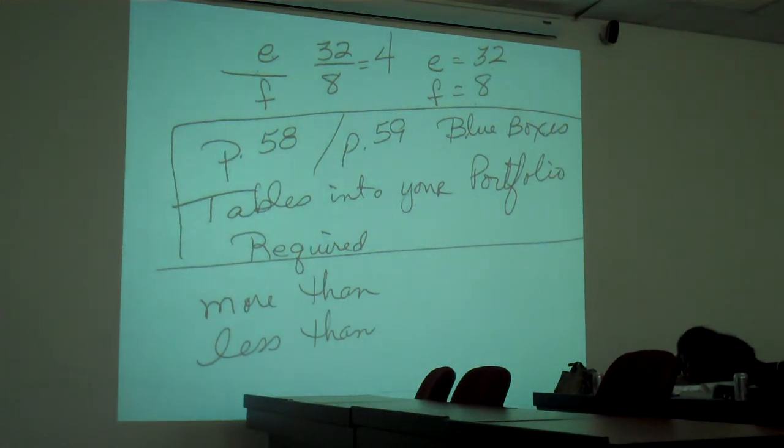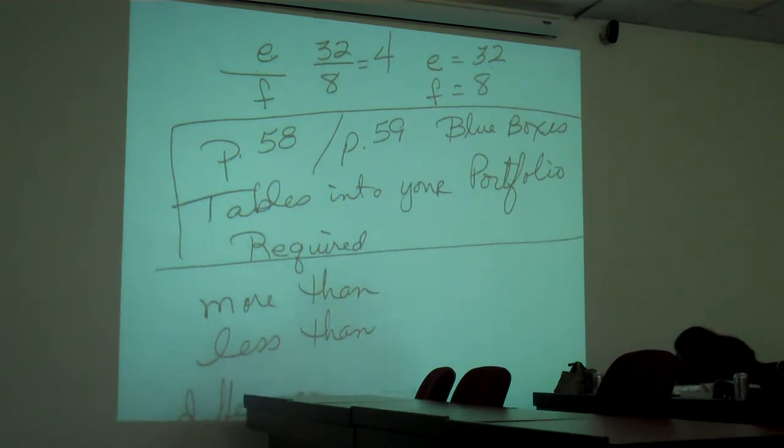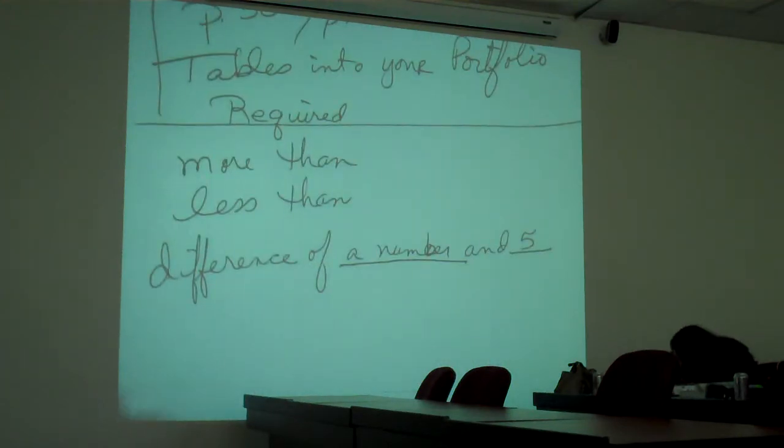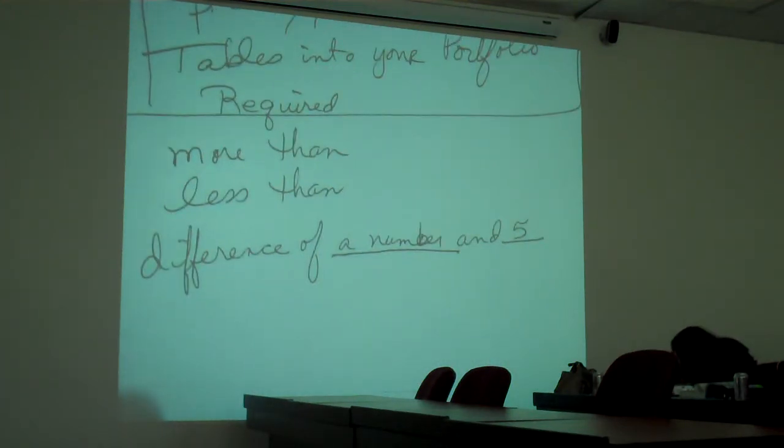If you said, like, the difference of a number and 5. Okay. This is a number, this is 5. Difference means subtraction.